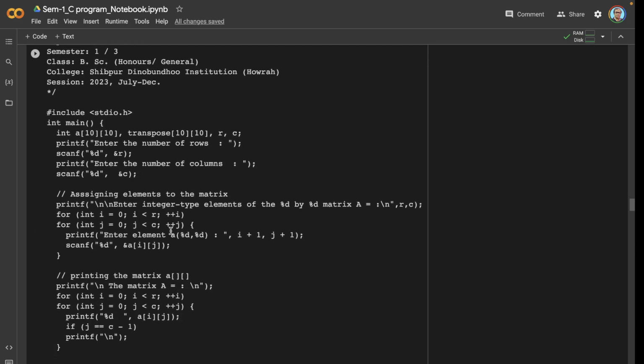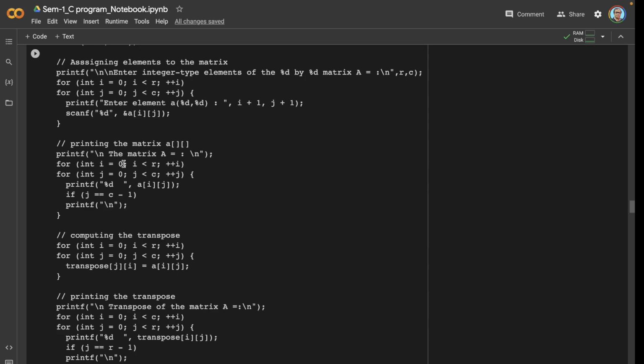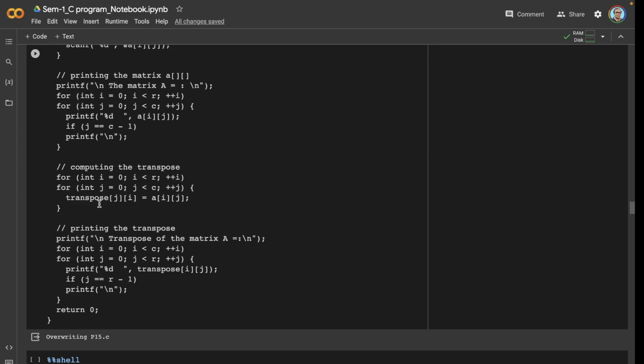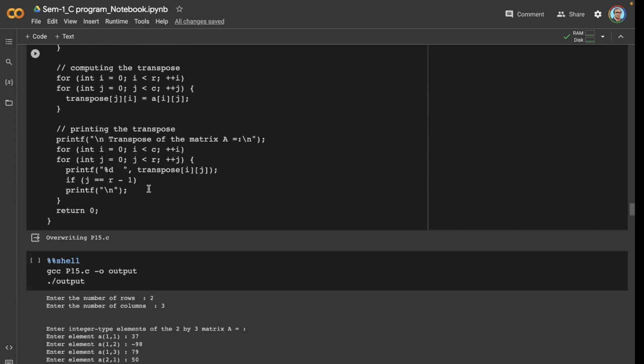First we enter the matrix elements and then print the matrix and compute the transpose by this loop: for integer i equal to 0 to less than r, and j equal to 0 to less than c, and transpose[j][i] equals a[i][j], and then print the transpose.